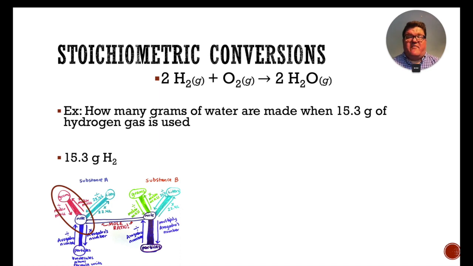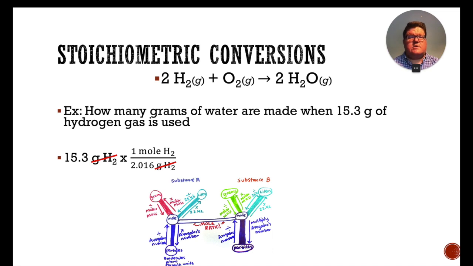So we need to divide by the molar mass of H2, which you can calculate very easily from the periodic table. At this point, our grams of H2 will cancel out, and if we stopped here, we would end up with moles of H2, which is not what we want. So we need to take another step.